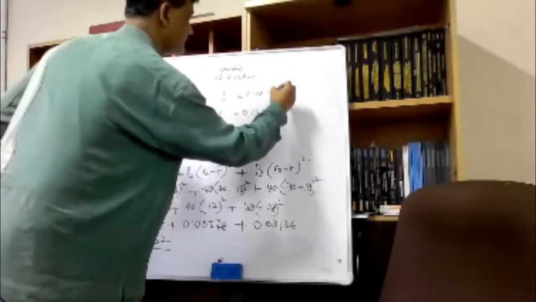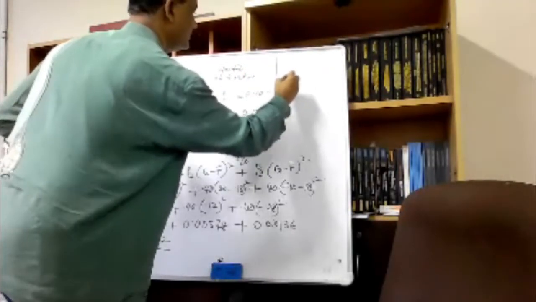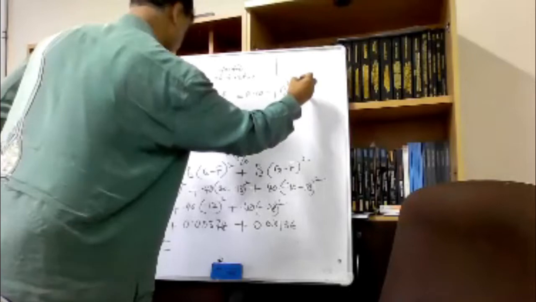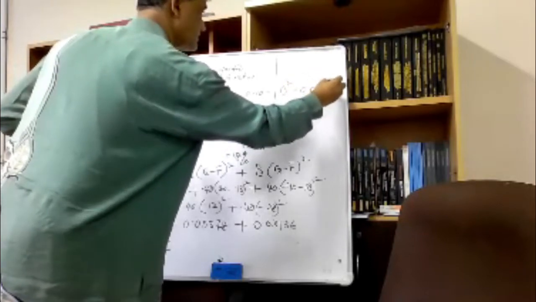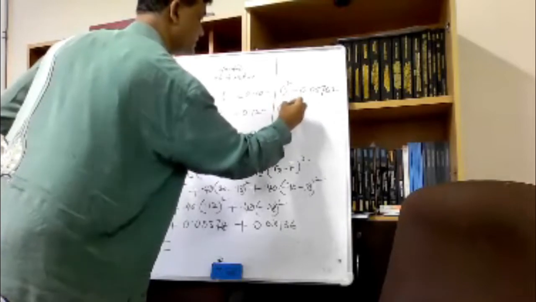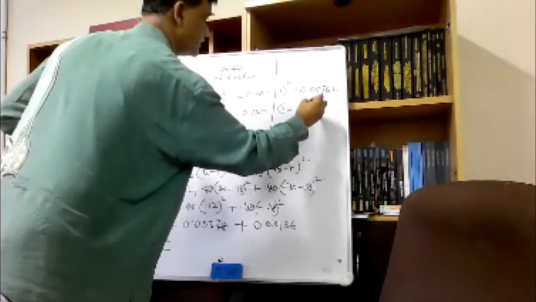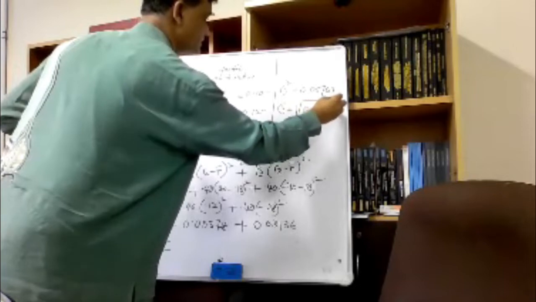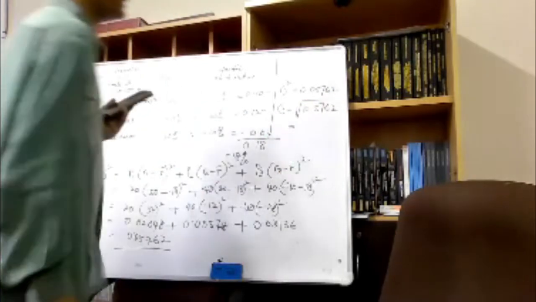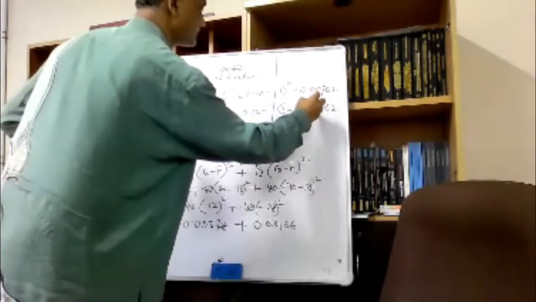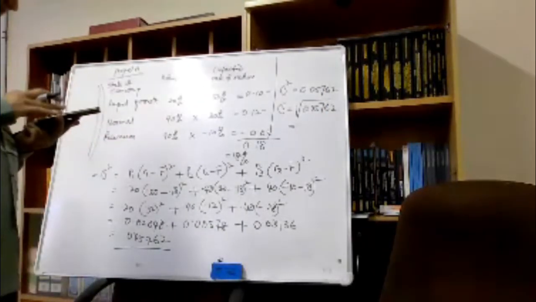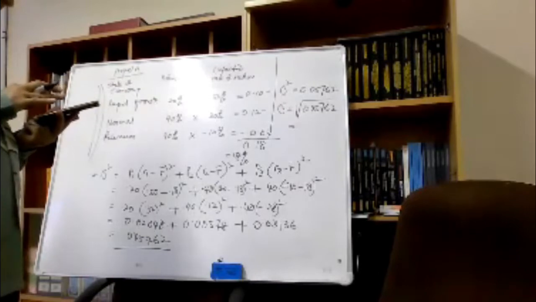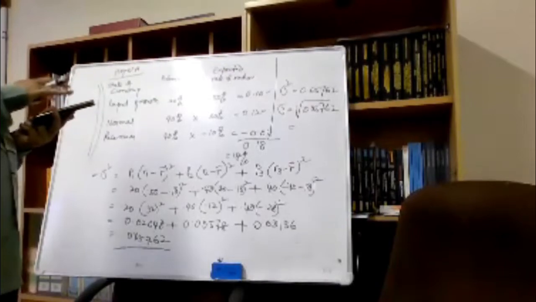So I write it here: variance is 0.05762. So the standard deviation would be the square root of 0.05762. How much do you get? If anybody can tell me, take the square root and tell me, please.